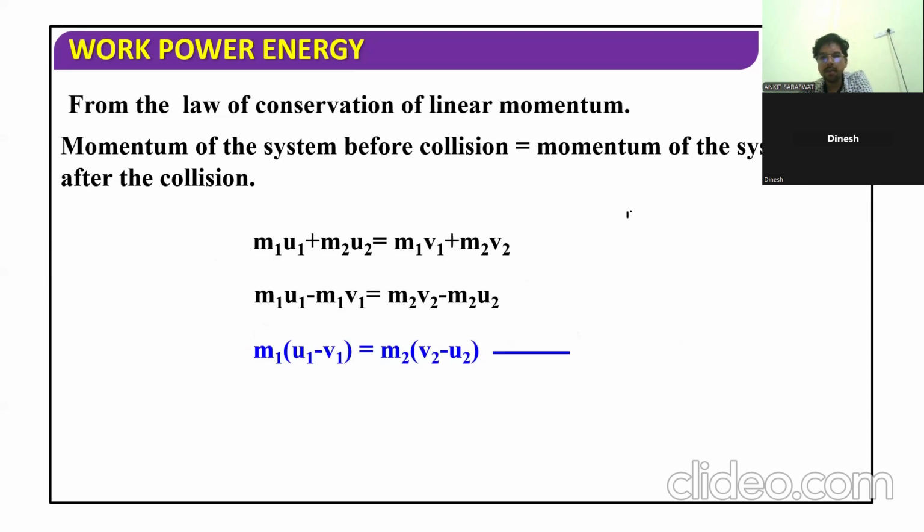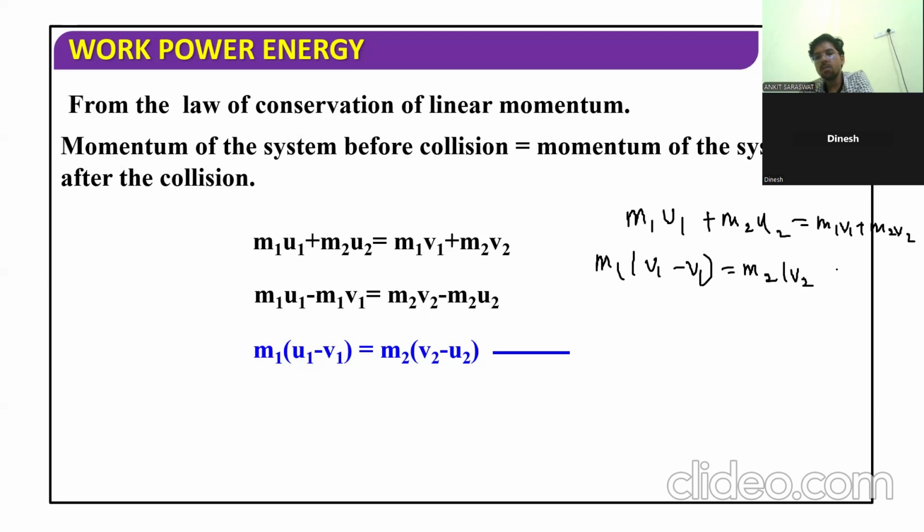Okay, M1, U1 plus M2. You can take M1 common: U1 minus V1, M2, V2 minus U. If you want to write, you can write like this: V1 minus U1 equals V2 minus U1.